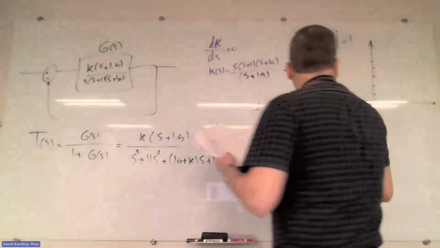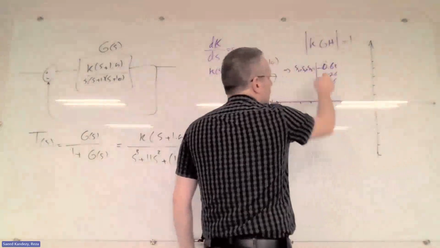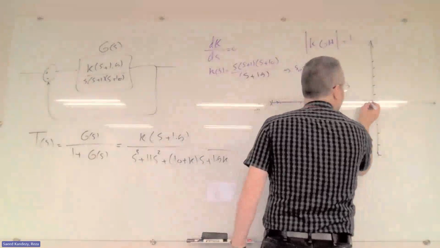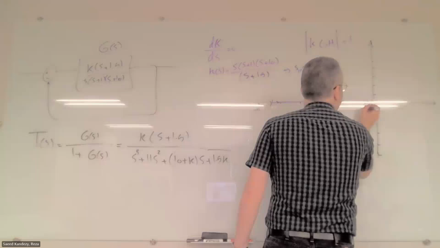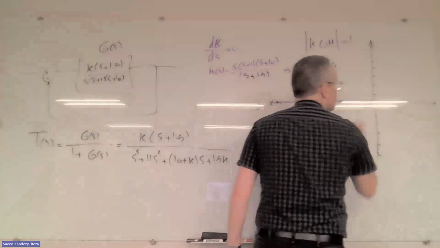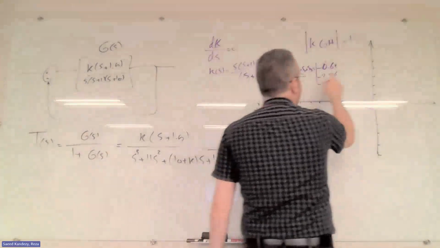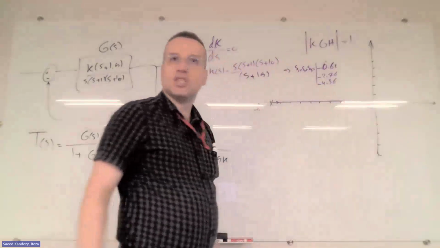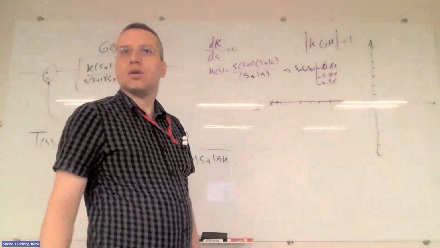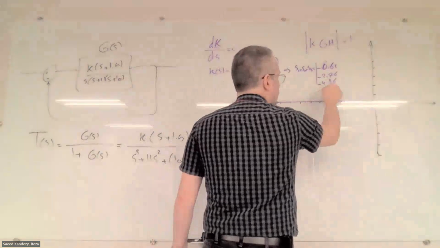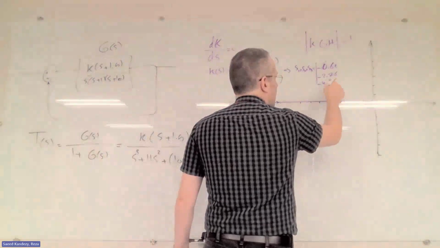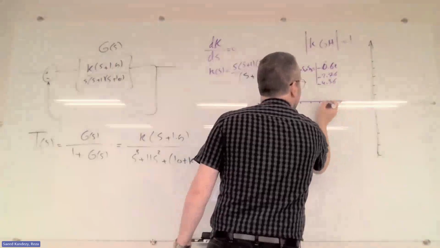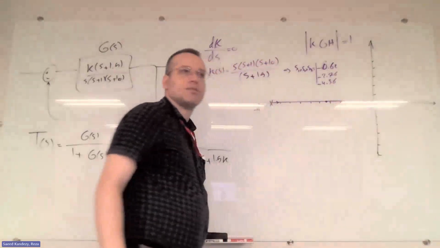So I am going to have a breakaway or break-in point at minus 0.62, another one at minus 2.76, and another one at minus 4.36. Are we good?